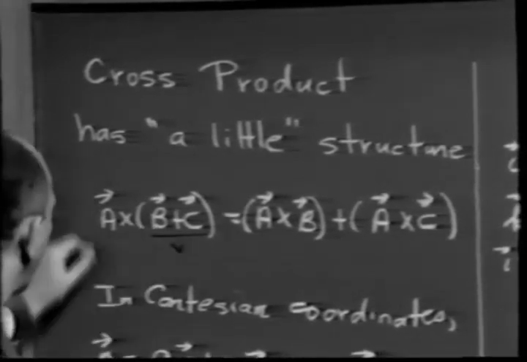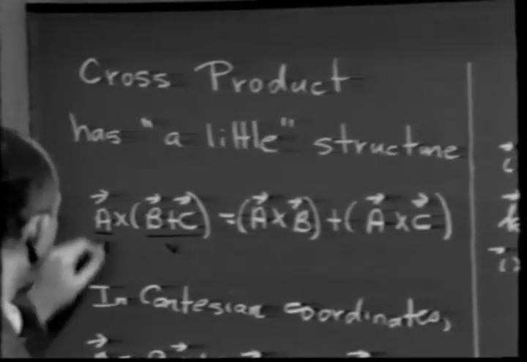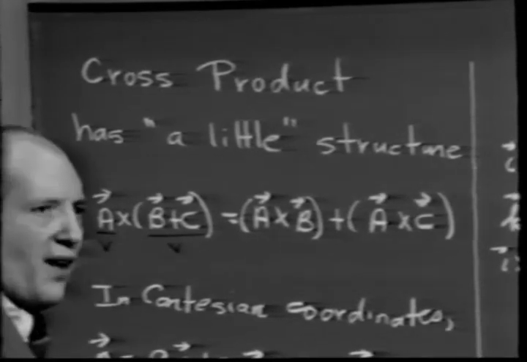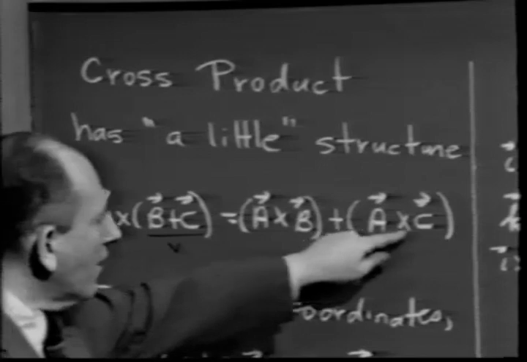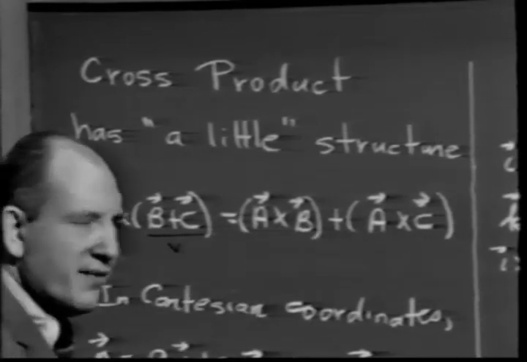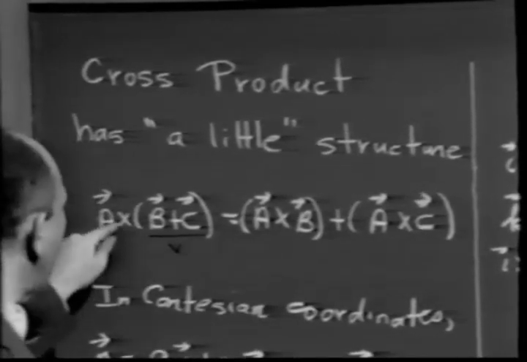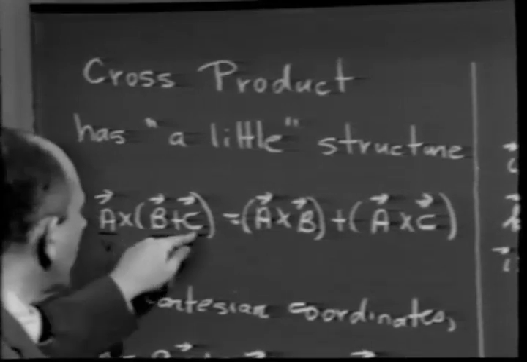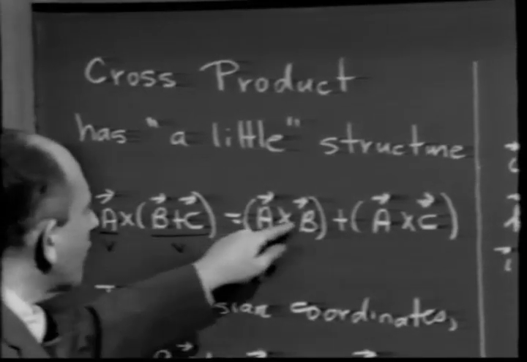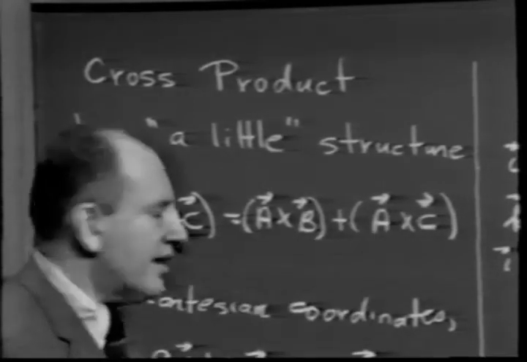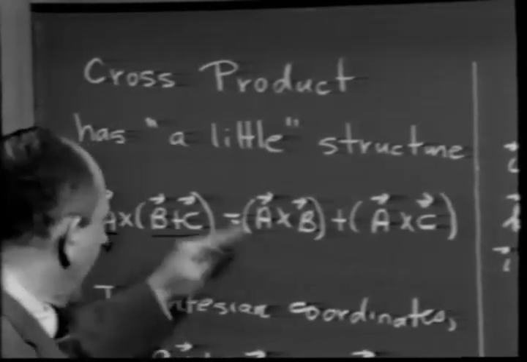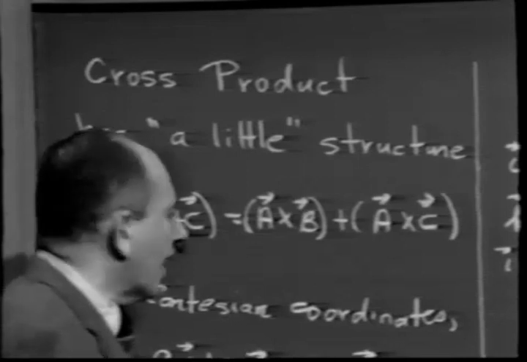I'll put a V down here to indicate vector. A is a vector, and the cross product of two vectors is a vector. Notice that, again, with the cross product, all of the things that you're working with happen to be vectors. But my claim is that A cross (B plus C) is equal to A cross B plus A cross C. That's a very nice structural property.